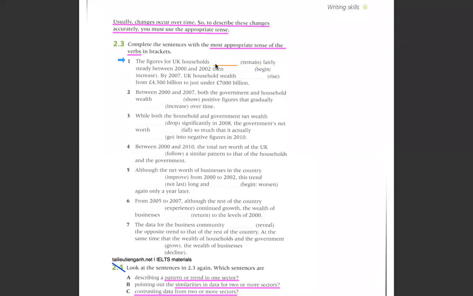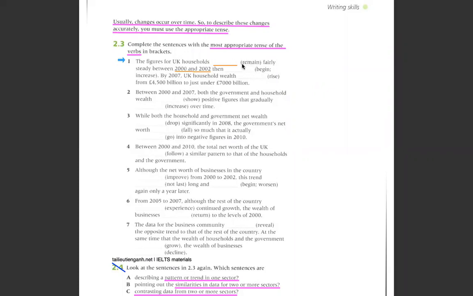Okay, so have a look at number 1, and I want you to tell me, what should we write in this gap over here? The figures for UK households, something fairly steady between 2000 and 2002. So what is the correct form of the word remain in this gap? Should we use present tense, past tense, future tense, past perfect, past continuous?